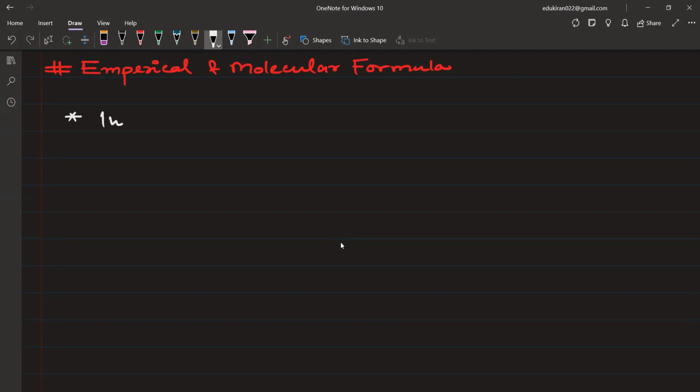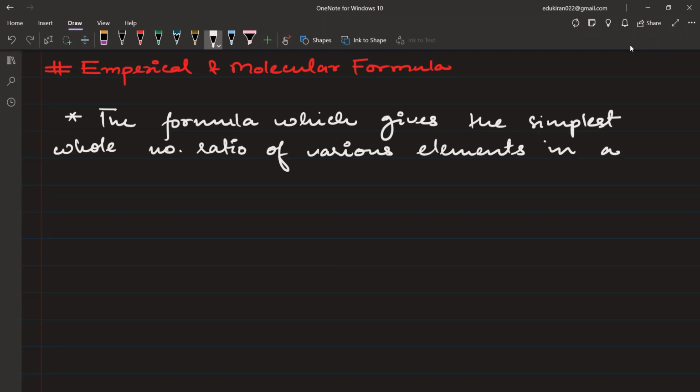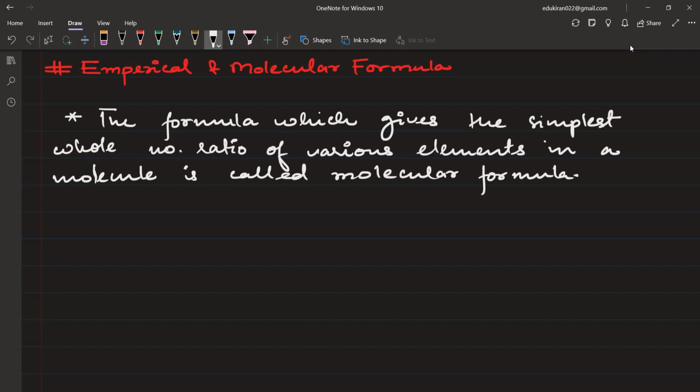The formula which gives the simplest whole number ratio of various elements in a molecule is called molecular formula. Okay, right, next point.